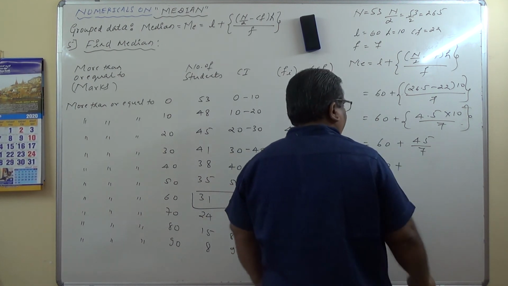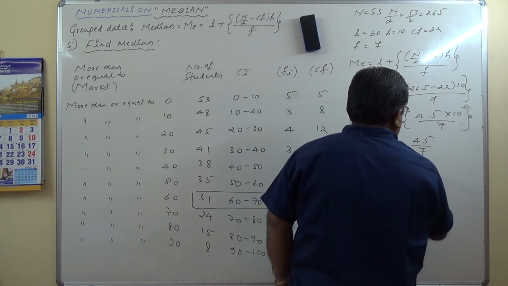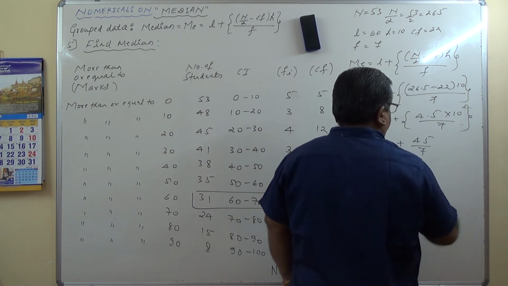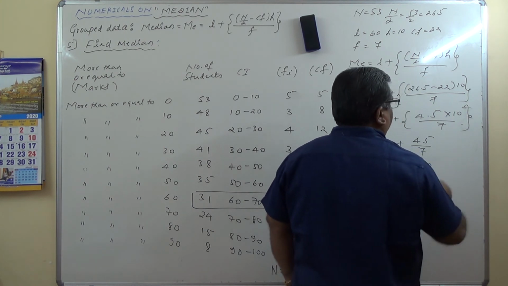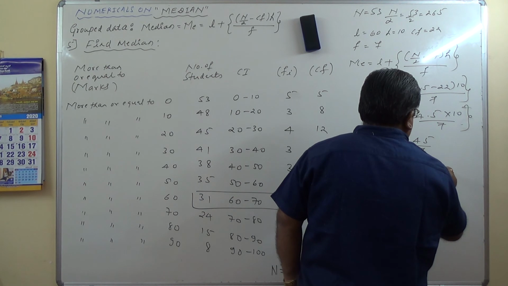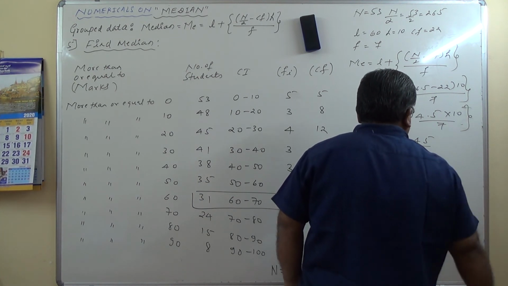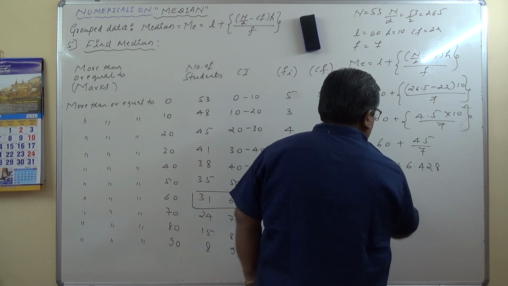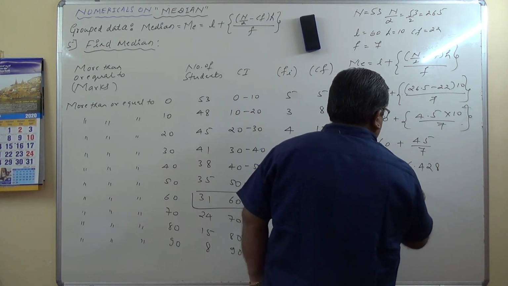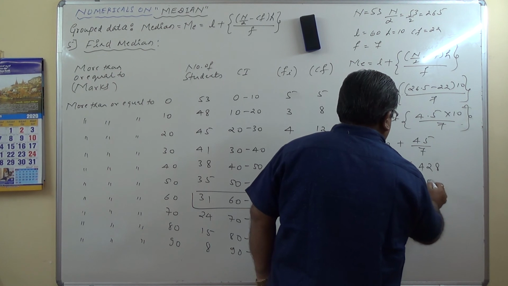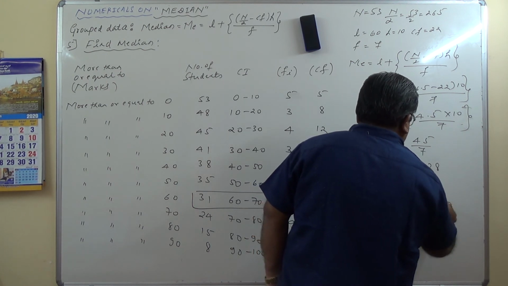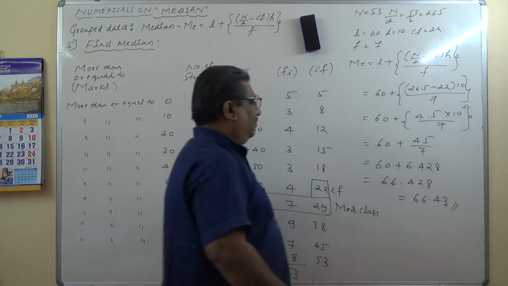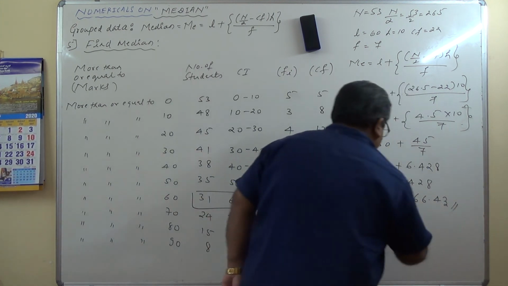I will work out approximately 6.42, 7 4s are 28, 2, 7 2s are 14, 6, 8. Okay, so this is 66.428, or I can say 66.43 should be the median, and therefore check the answer please.